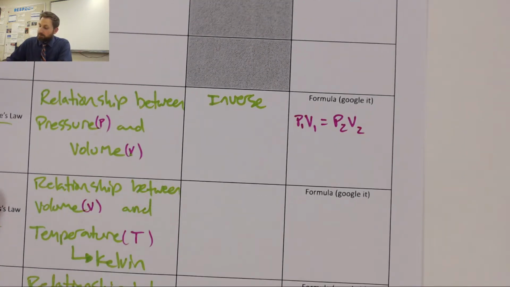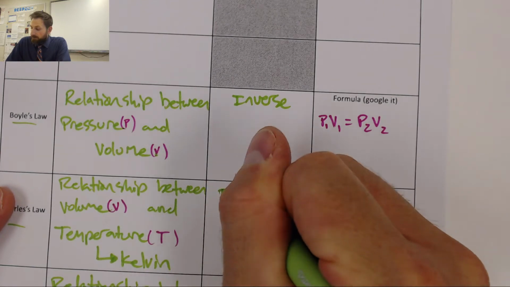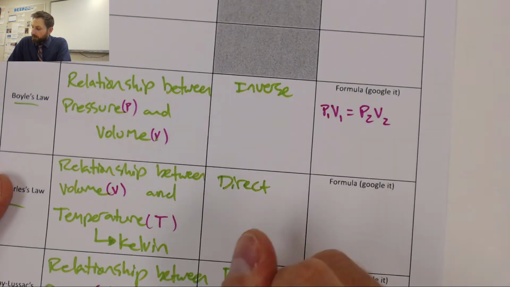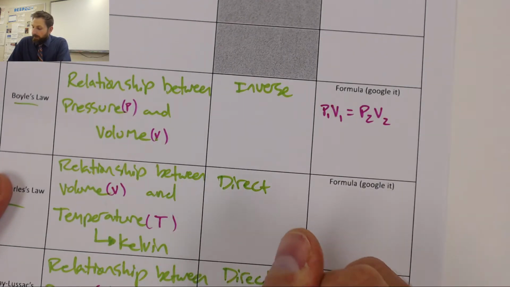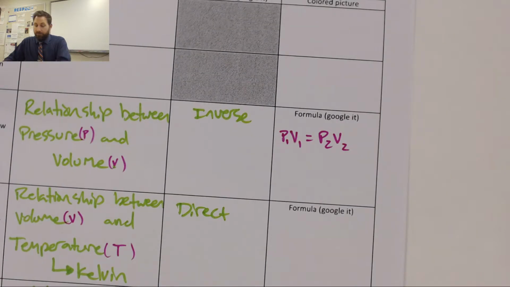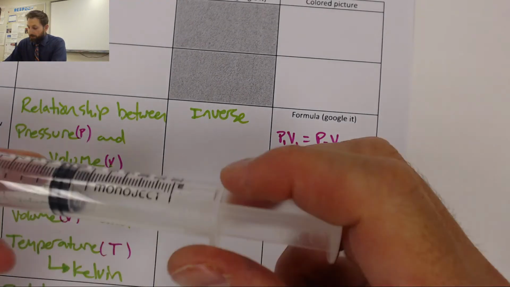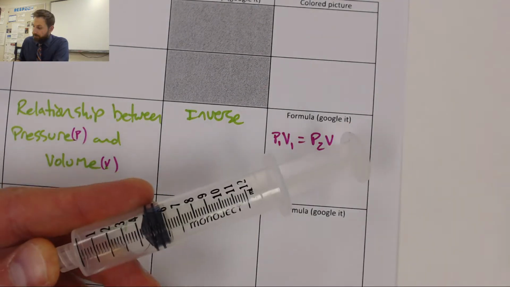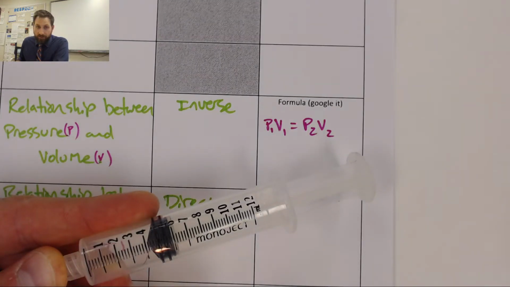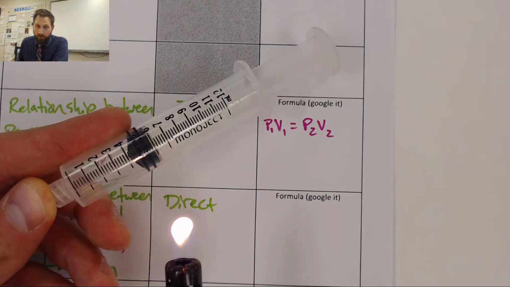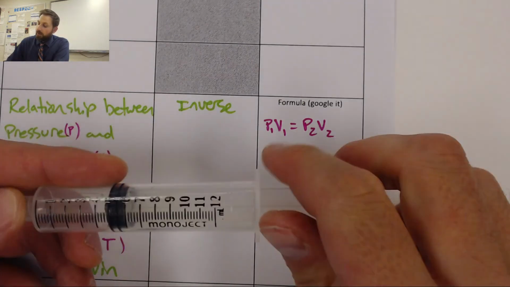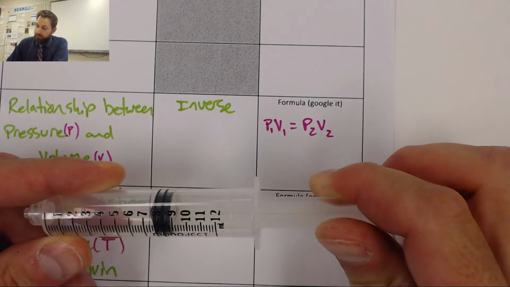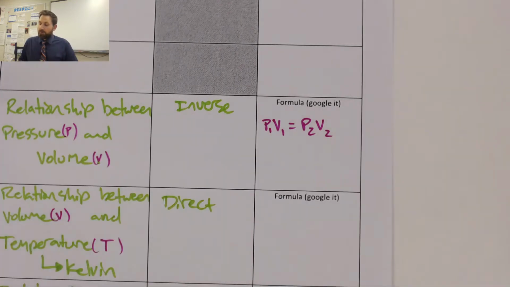Charles' law and Gay-Lussac's law, these are both direct relationships. When you think about them, let's say you have this syringe and it's sealed up. For Charles' law, if I took a lighter or something and I heated it up, and I heated it up and I heated it up, the volume of this thing is going to increase. You're moving those gas particles quicker, the volume increases.